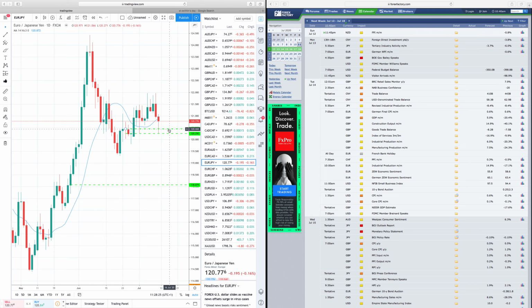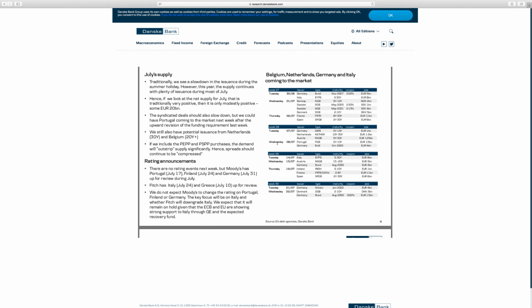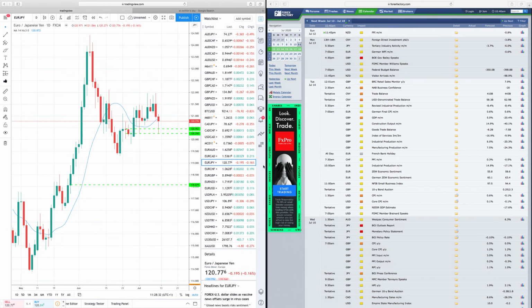So I'm expecting that sort of movement again, where on the 15th of July we will have a German bond offering. So I'm expecting on Thursday or Friday Euro JPY to possibly have another bearish day.